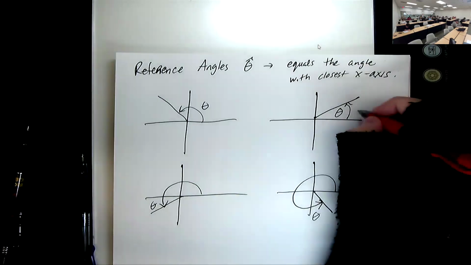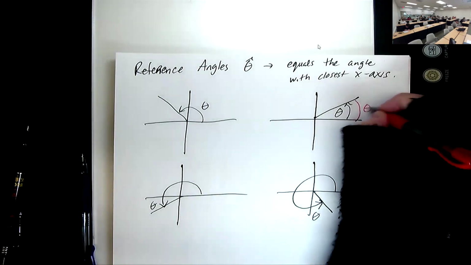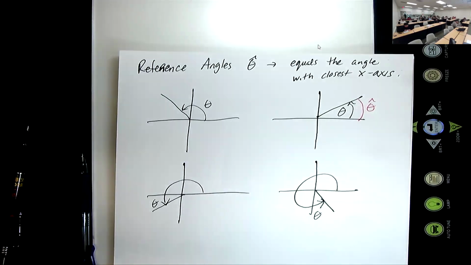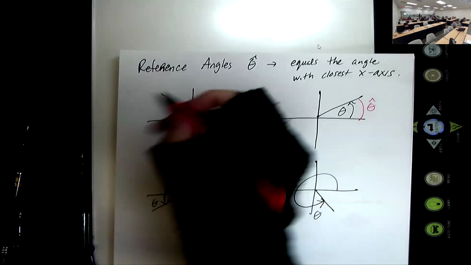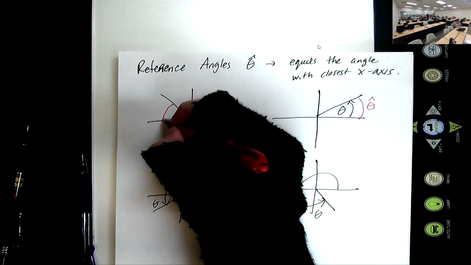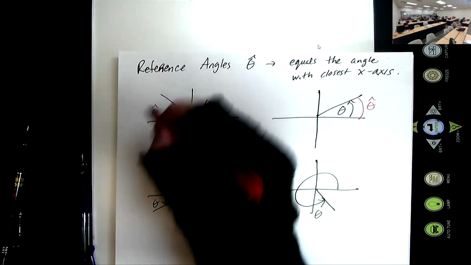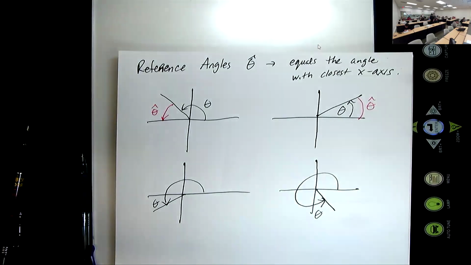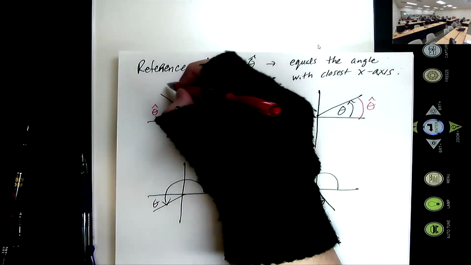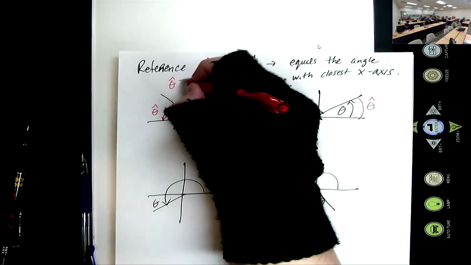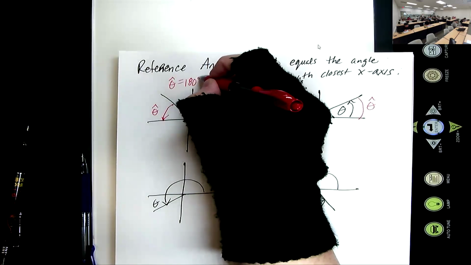Our reference angle in quadrant one happens to be the same thing. Over here, it's this angle, which means in quadrant two, the reference angle is really 180 degrees minus theta.